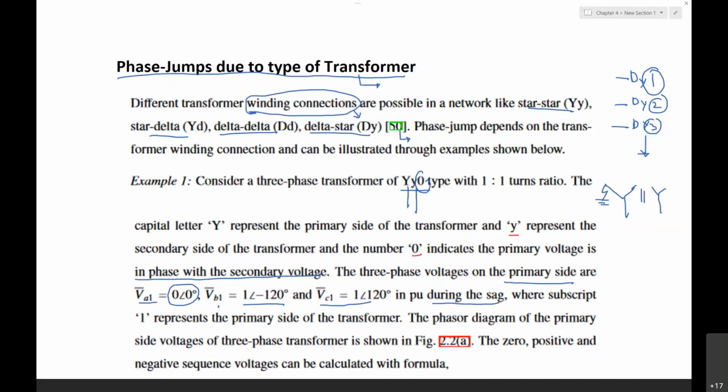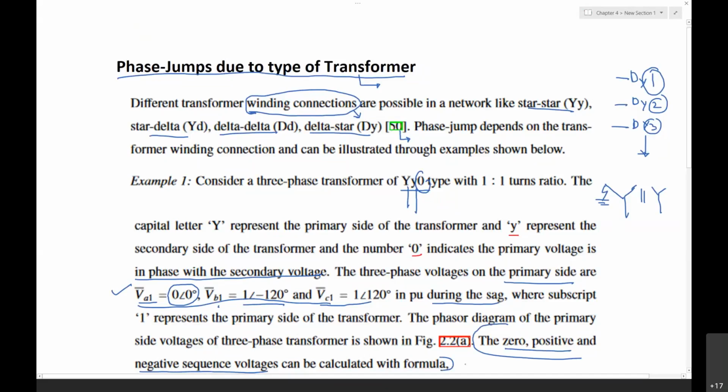For that, I converted the VA1, VB1, and VC1 voltages to zero sequence, positive sequence, and negative sequence.